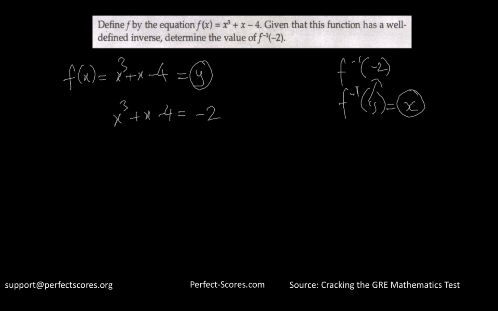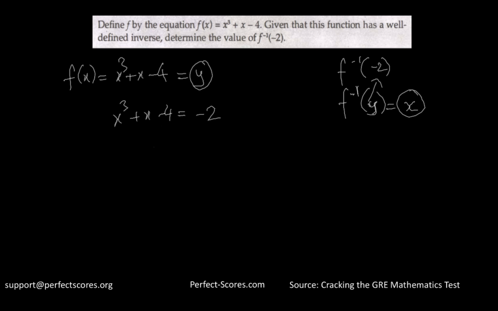It will be difficult for you to make x as the subject right away. So it'll be better if you substitute numbers initially. One way of doing this is, when someone asks you f inverse of minus 2, you substitute y as minus 2, and x will give you what the question is asking, right? So that is what we want.